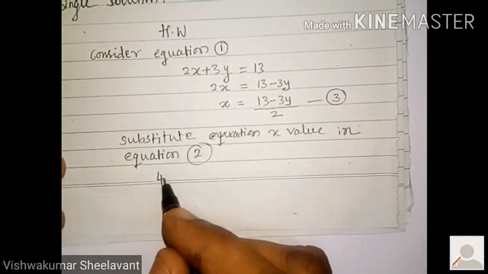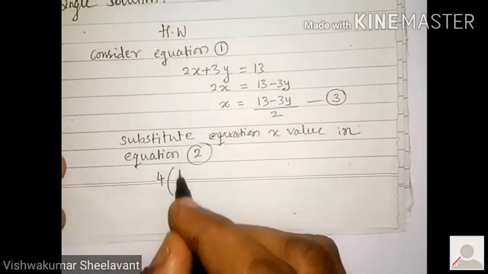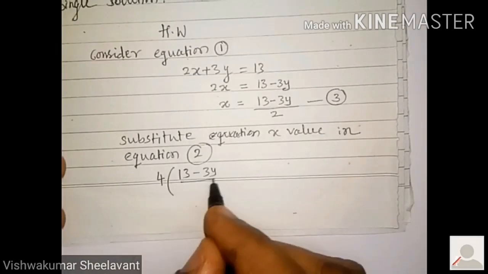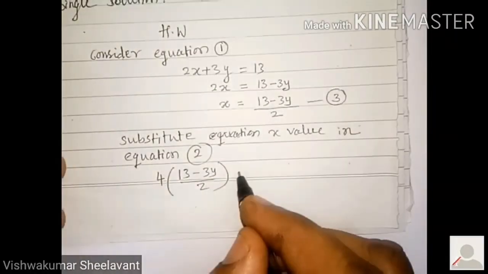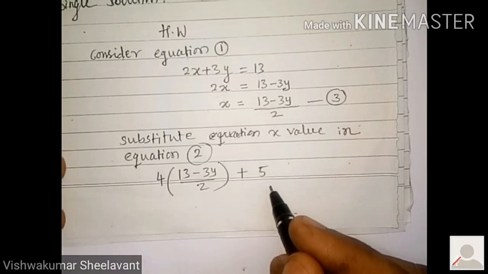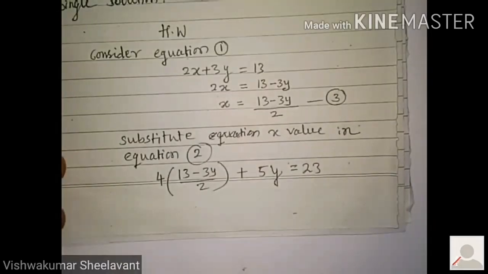Equation 2 is 4x plus 5y equal to 23. So in x place if I put 13 minus 3y by 2, then I will have 4 into 13 minus 3y by 2 plus 5y equal to 23.